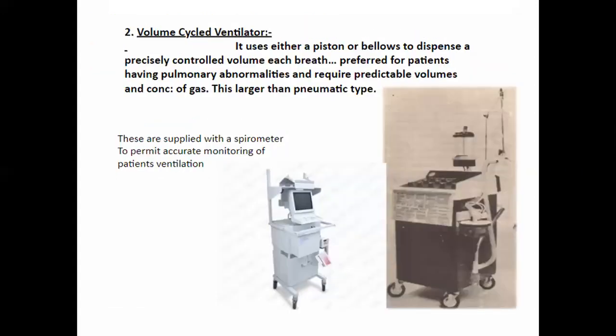The second one is the volume cycle ventilators. In these, the piston and bellows dispense a certain volume of air. Bellows have a certain volume, and so do pistons. Suppose we have a piston in a cylinder. When the piston is pushed completely downwards, the air inside is pumped out completely. If we operate it up to 50%, then the piston is operated at 50% only.